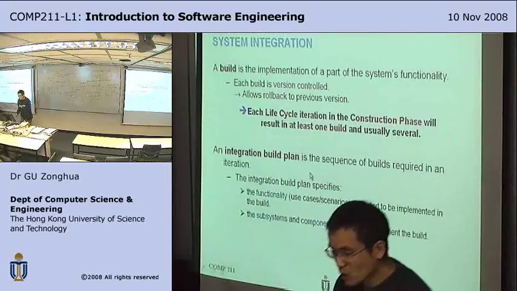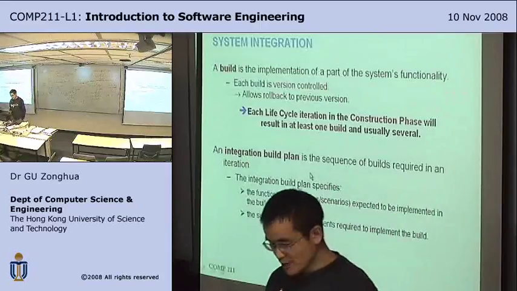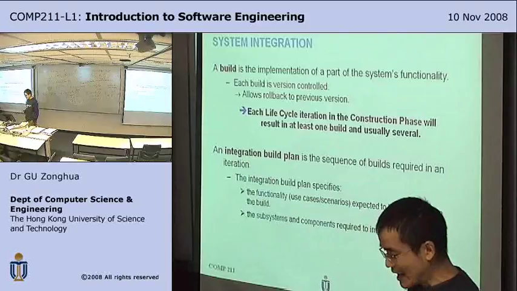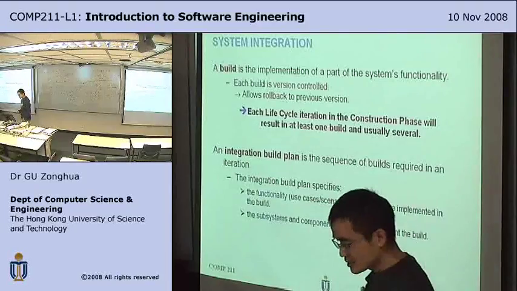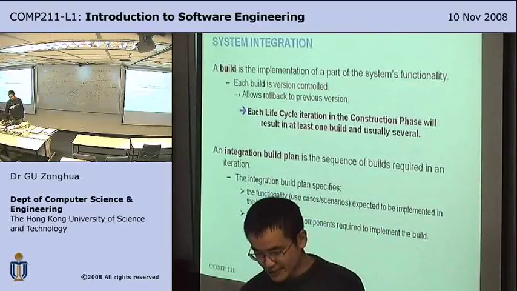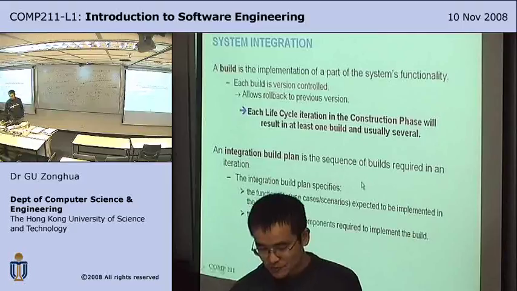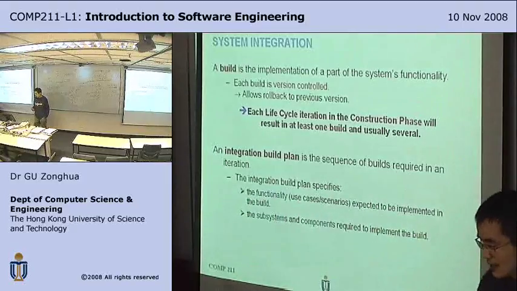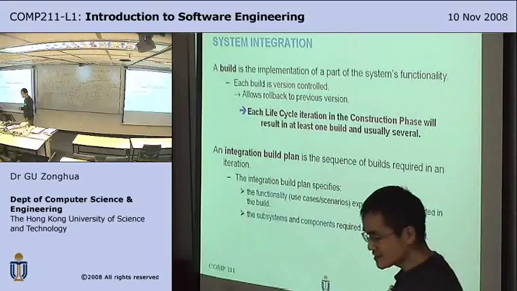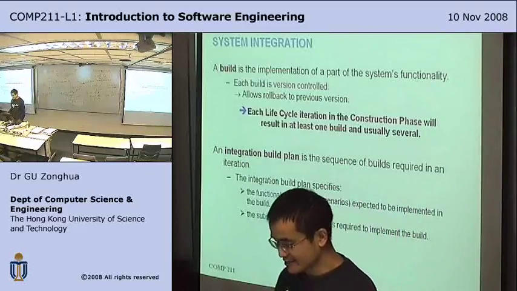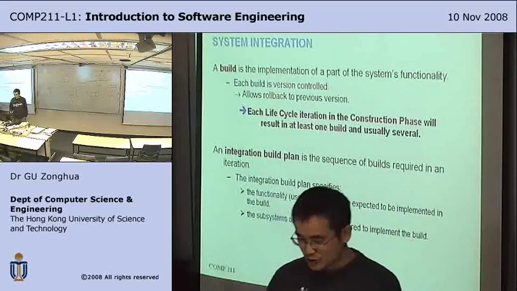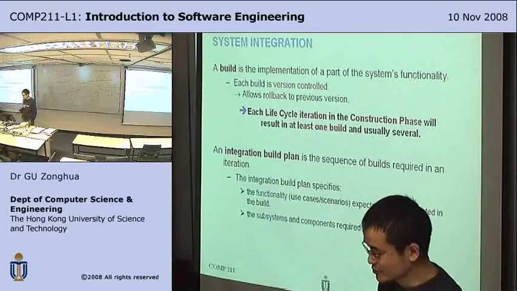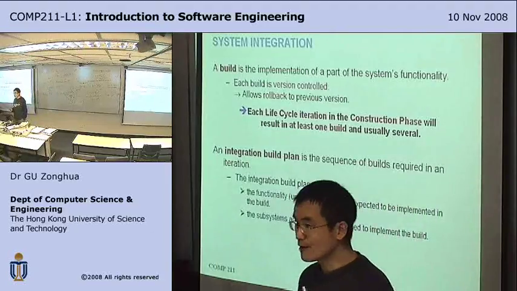The integration build plan is the sequence of builds required in the iteration. The integration build plan specifies the functionality expected to be implemented in the build. So say you have 5 builds planned, you should place the most important use cases and scenarios into the early builds, and then put the less important ones in the later builds, so you can detect critical problems early.